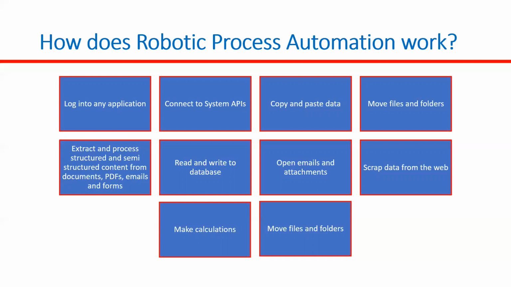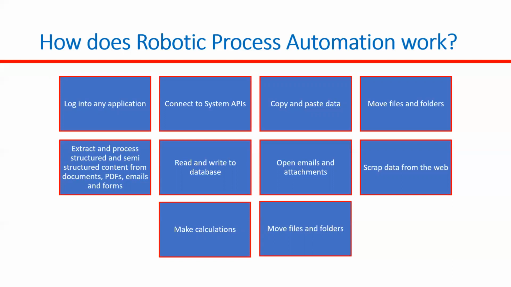So all inbuilt activities are available. We can use those activities and we can do this job. And open emails and attachments, as we discussed, we have email related inbuilt activities. We can use those activities. We can build our automation process to read open emails and download the attachments.